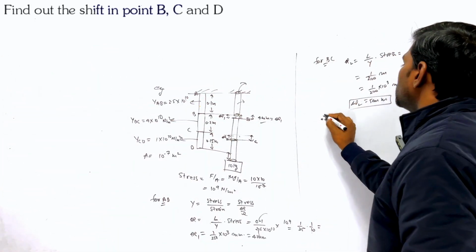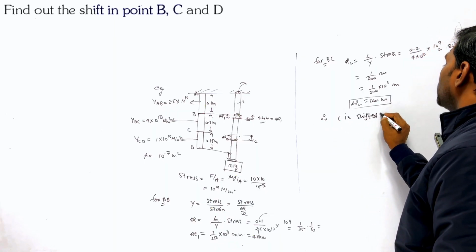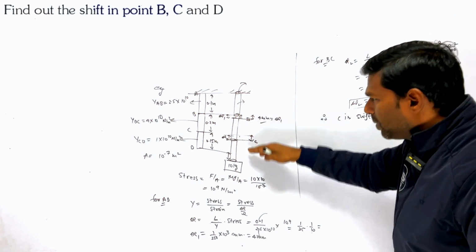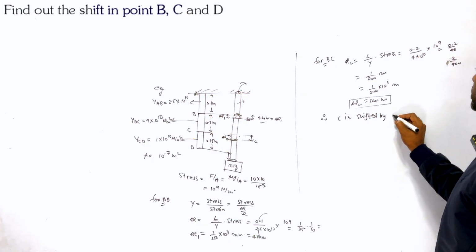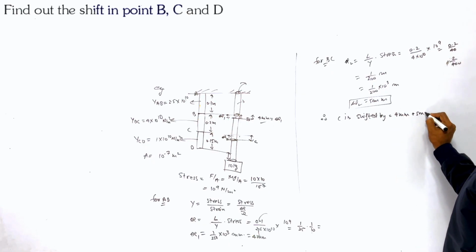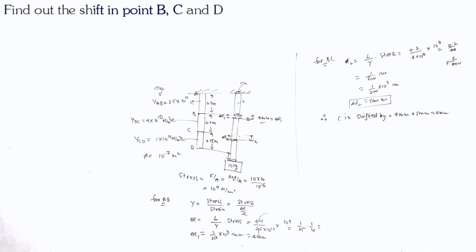Therefore, C is shifted by 4 due to the shift in B plus 5 due to the elongation in this part, so 4 millimeter plus 5 millimeter is equal to 9 millimeter. Is it clear or not? You tell. So is it 9 millimeter?